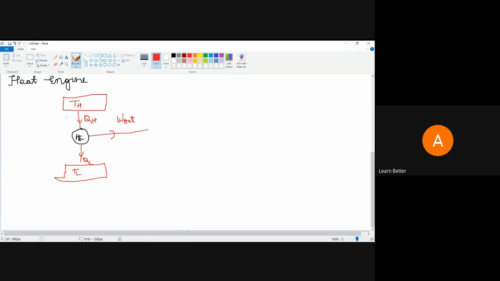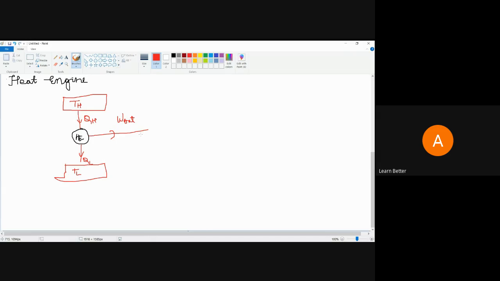So the input is QH, which is the heat from the high temperature reservoir, and it rejects QL, the heat rejected from the heat engine to the low temperature reservoir. By this, it is producing a work output. In this way, the heat engine works.